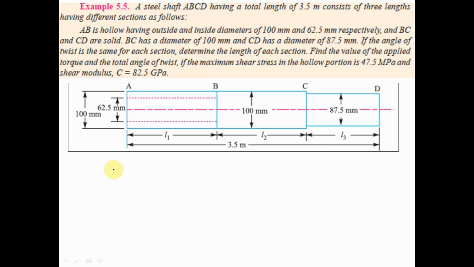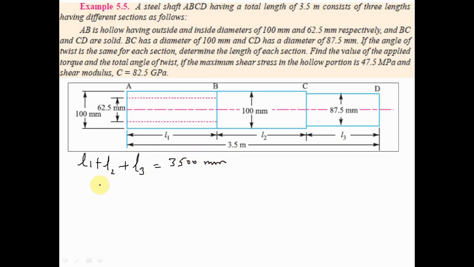Now we can use the equation, since from the figure also it is clear, L1 plus L2 plus L3 equals 3.5 meters, which is 3500 millimeters.